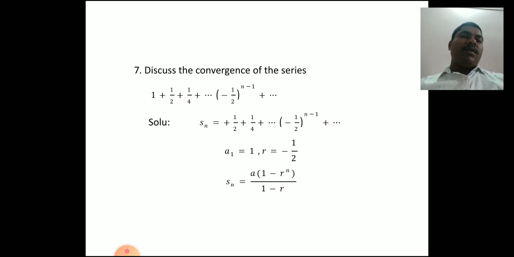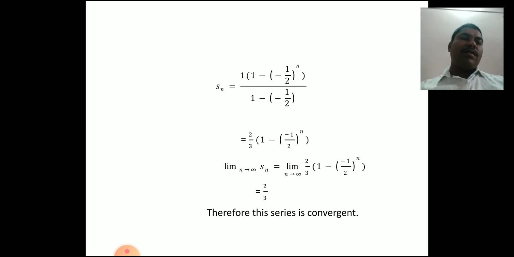Here this is a geometric series. The first term is 1 and r is equal to minus half, and Sn is equal to a into (1 minus r^n) by (1 minus r).